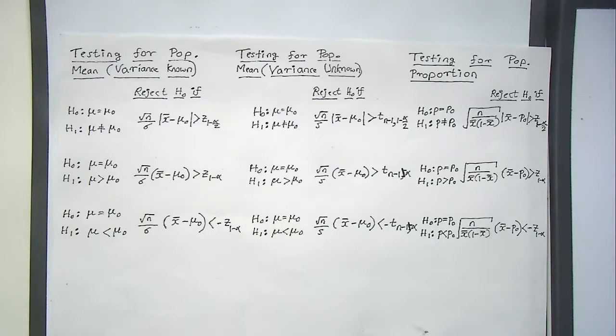This guy and this guy should be 1 minus alpha, as it was in other places also. I think you probably noticed that anyway. Have you guys done question 3 yet?